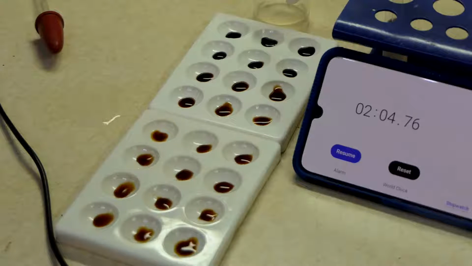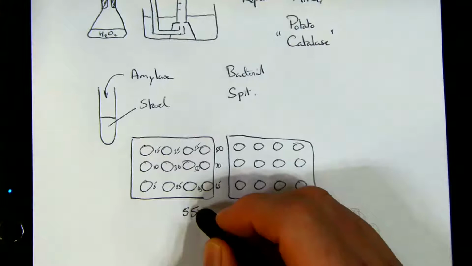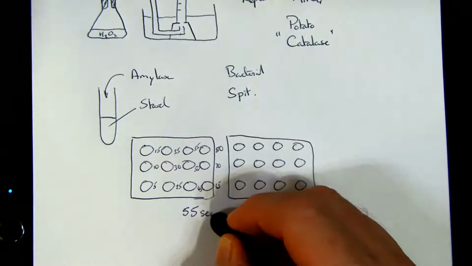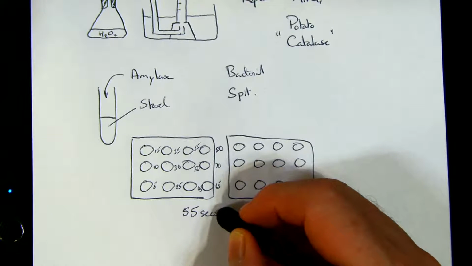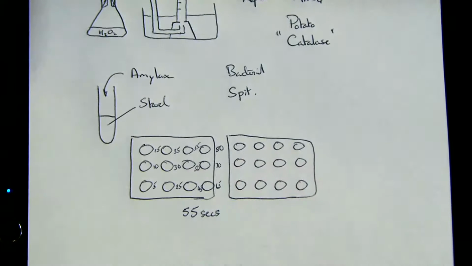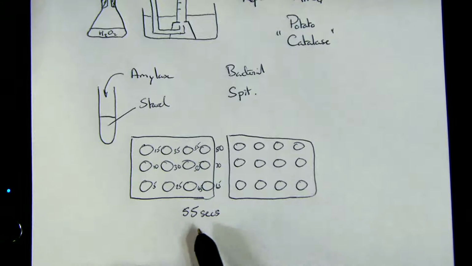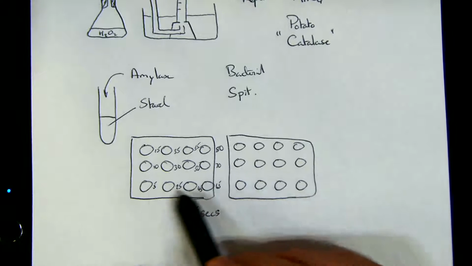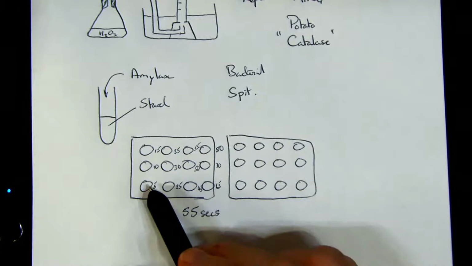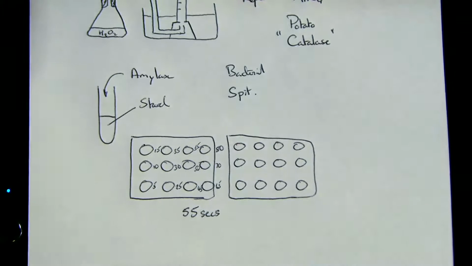So we can see this took in the region of about 55 seconds to work. The enzyme worked really quickly anyway. That was actually getting rid of all of the starch, not just most of it. So we're looking at a time to get rid of the starch. It does really work quite quickly.